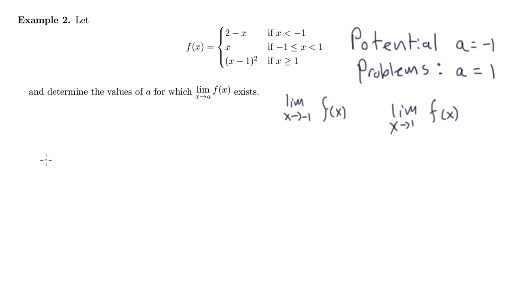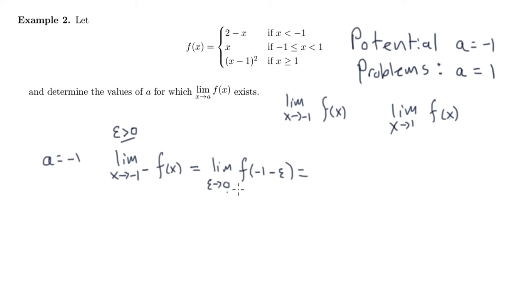So let's first look at a equals -1. If we start with the left hand limit, that's the limit as x approaches -1 from the left. Recall that this is equal to, if I let epsilon be a very, very small positive number, the limit as that positive number goes to 0 of f of -1 minus epsilon.